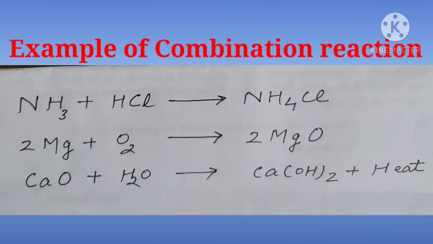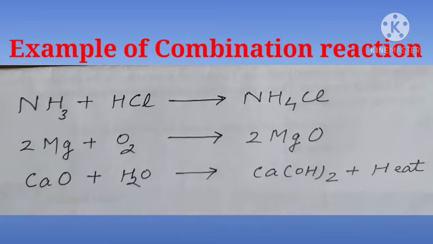Let us see the examples of combination reaction. Ammonia combines with hydrogen chloride and forms ammonium chloride. Here you can see there are two reactants, ammonia and hydrogen chloride. Both combine together, and a single product, ammonium chloride, is formed.